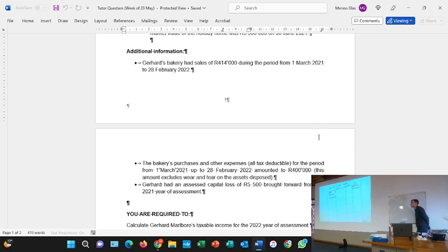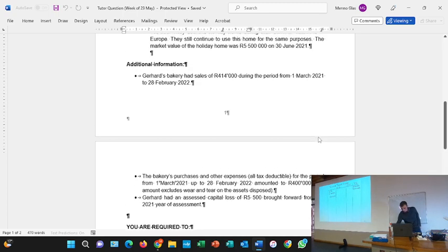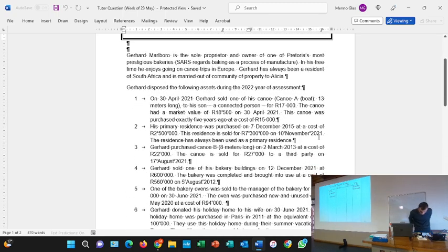The price, the executive price. Yes, you are correct. So what's the selling price for Canoe A? It is 17,000, correct? No, it's your market value, it's 18,500. But it's limited to the base cost of 15,000, so you have your recoupment.